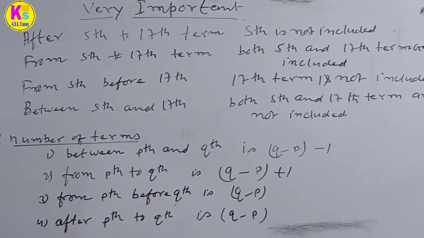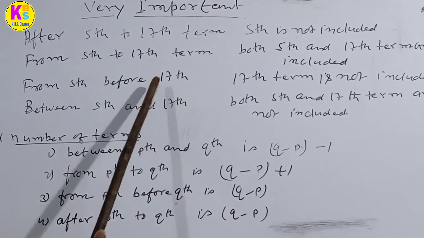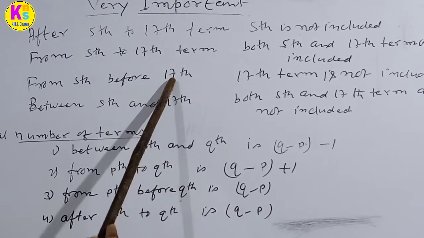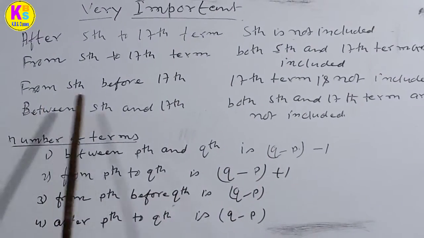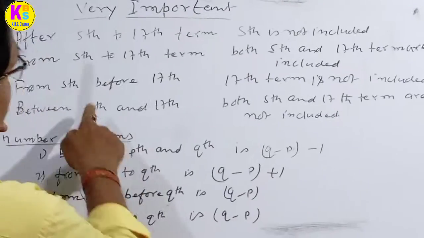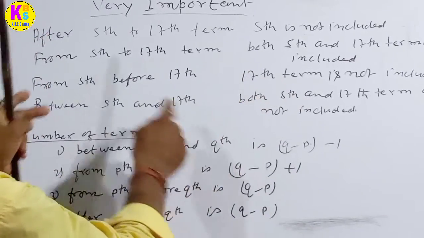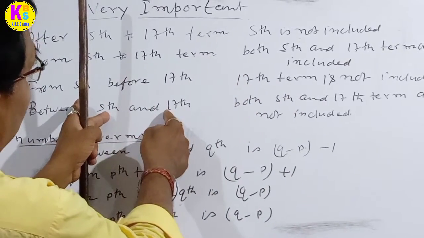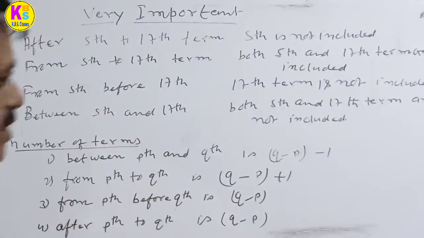Number 3, from 5th before 17th: that means you are not taking the 17th term, so 17th is not included. And between 5th and 17th: you are not taking the 5th, and the 17th term is also not taken; you are taking only what is in between. So both the 5th and 17th are not included here.